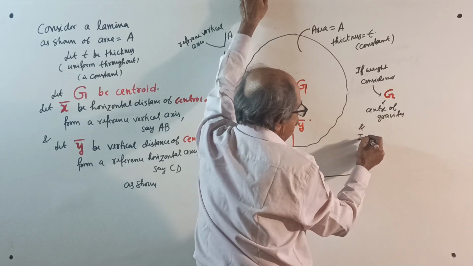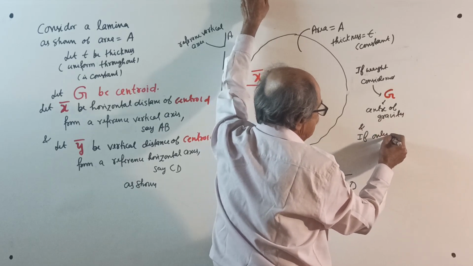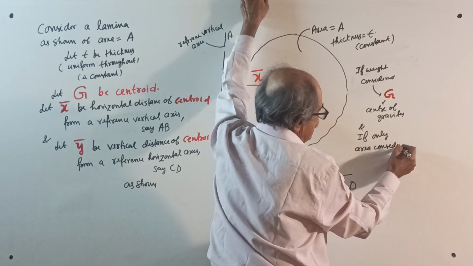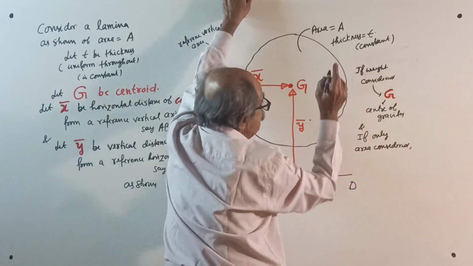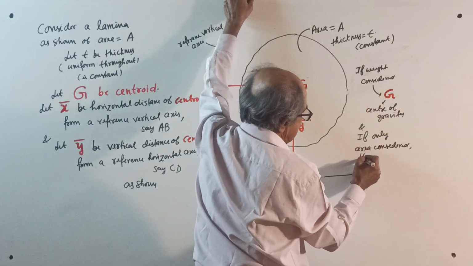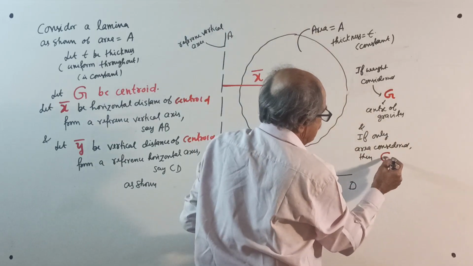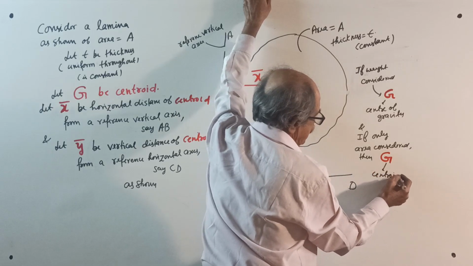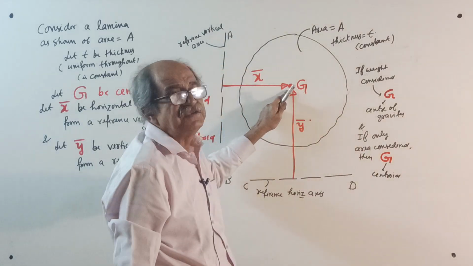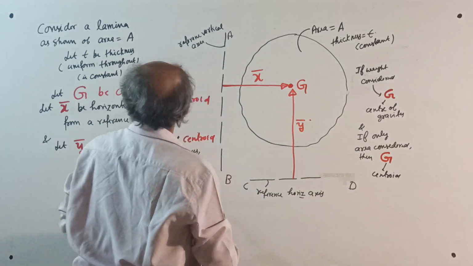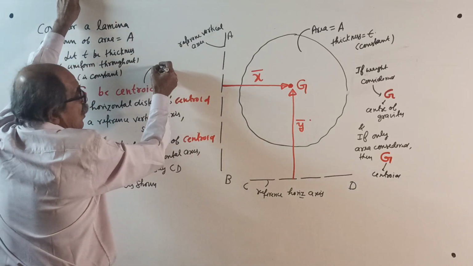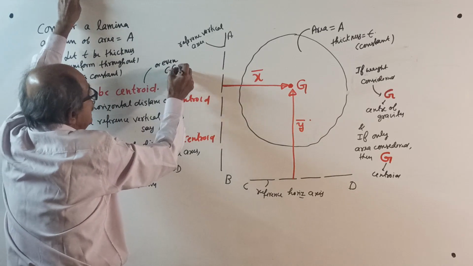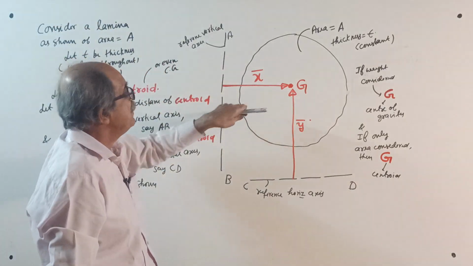And if only area is considered, provided thickness is uniform, then G means centroid. Once you imagine G as center of gravity and also centroid, both are okay. But if it's center of gravity, it is inside.